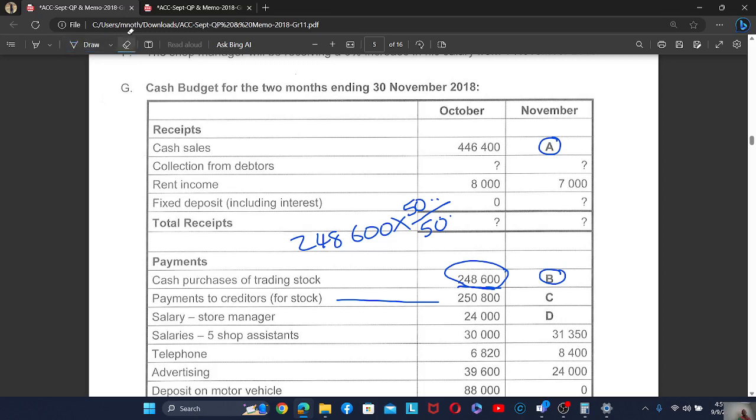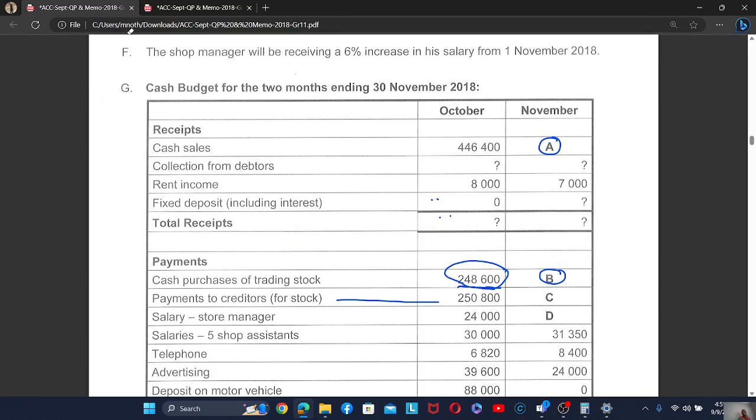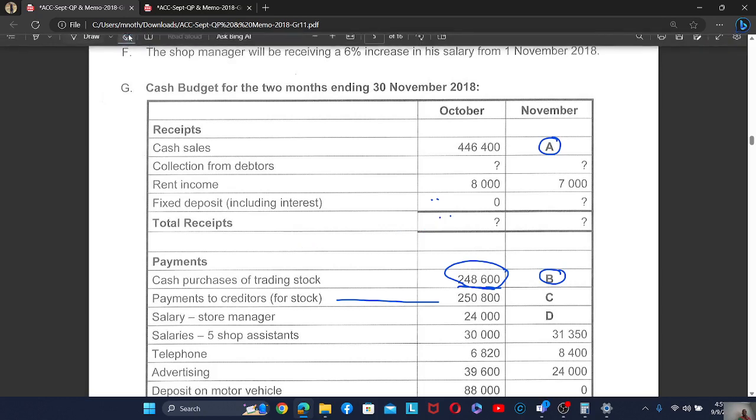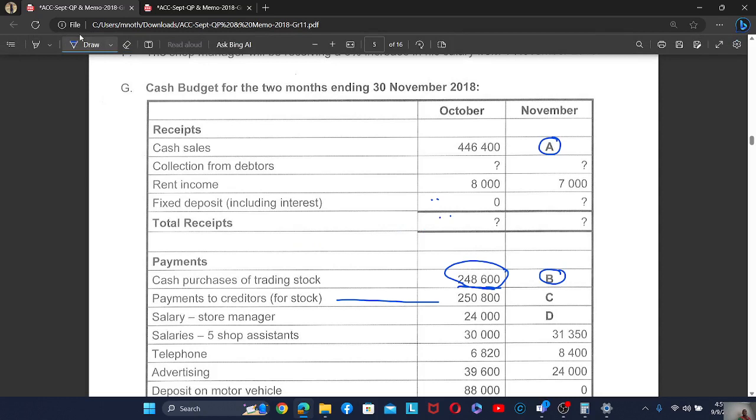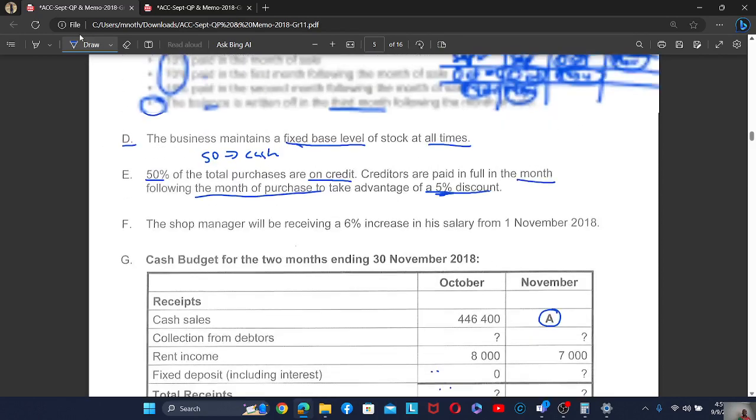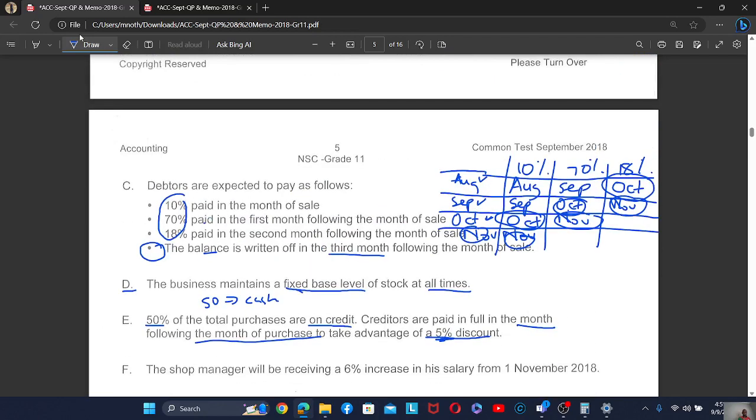So let's continue to letter D. Letter D, we are looking for the salary of a store manager. Oh, so the shop manager.